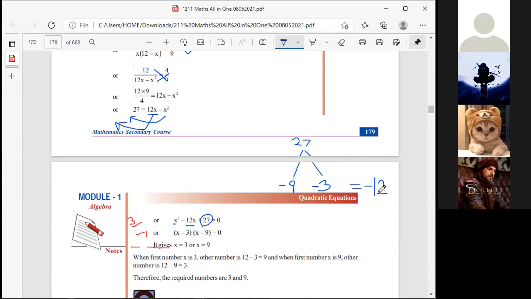Yes, ma'am. Now by this, we get the value of x as either 3 or 9. First number x is 3 and the other number, if you remember, we did 12 minus x. Now if I do 12 minus 3, will I get 9?